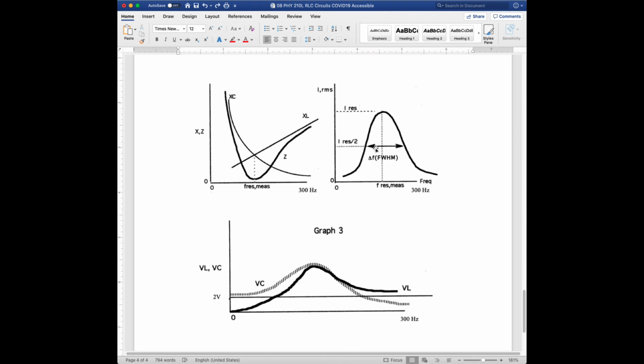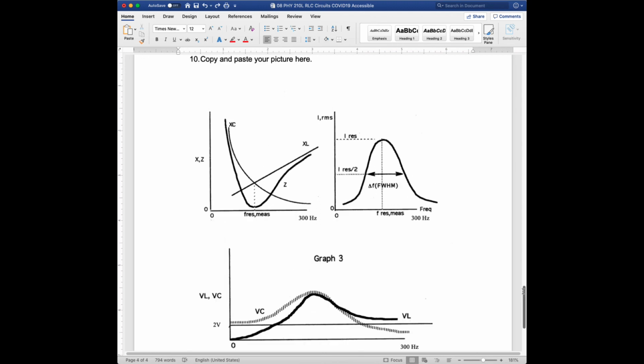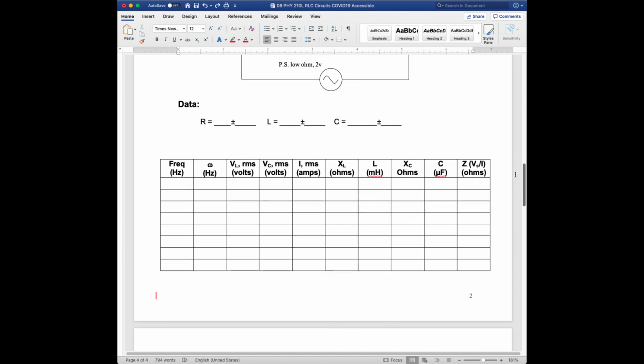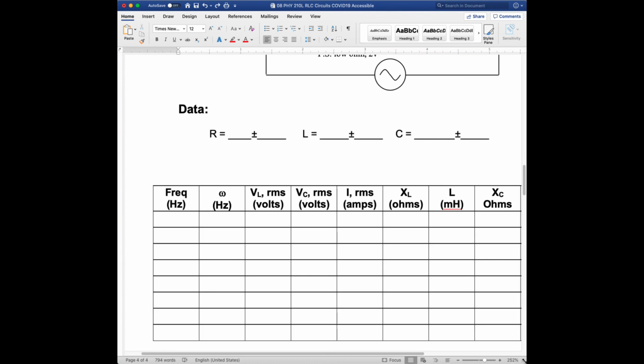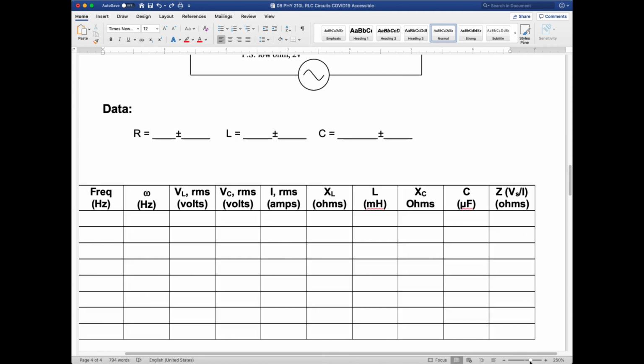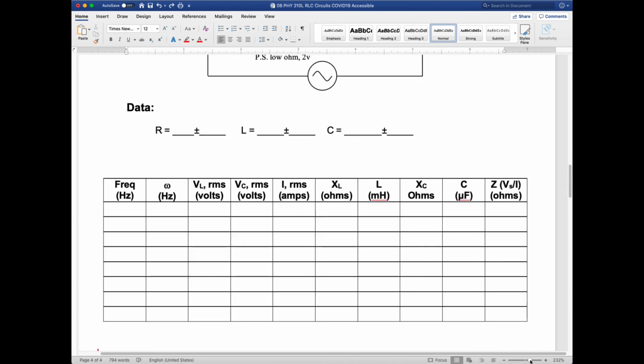Before I talk about doing the curve fit, I need to talk about all the calculations you'll be doing. I put a sample data table in here. You're going to have the frequency here, omega here, V sub L here.